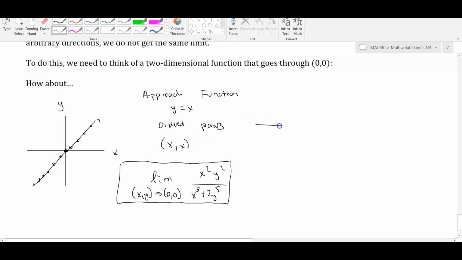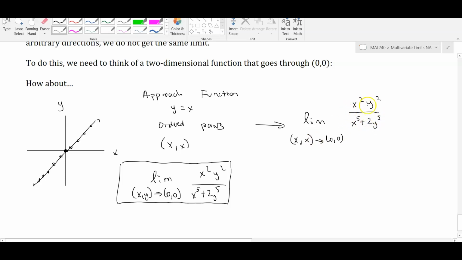So if we approach it using this approach function, I can write this limit as the point x, x approaches 0, 0, and we know it does because we looked at it in the applet and it does go through the point 0, 0. So what this enables us to do is when we look at this function, we can actually say that x and y are the same, and therefore we could reduce this limit to just a one variable limit.